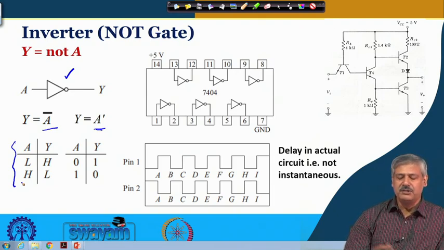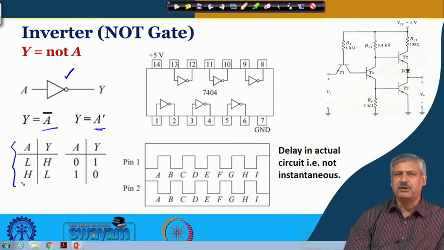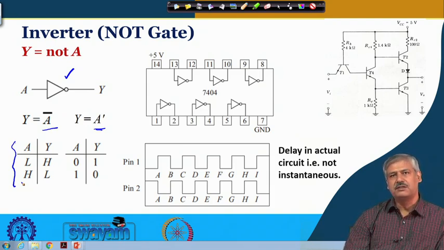Before looking at the timing diagram, we look at one IC which people use in the lab. In the lab we use the TTL family, because CMOS circuits require a lot of protections. So, mostly you will be using TTL ICs in the lab.